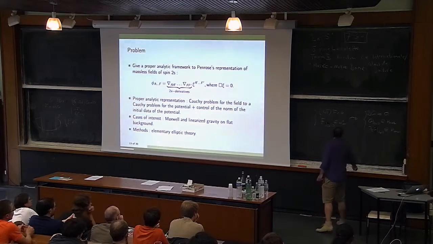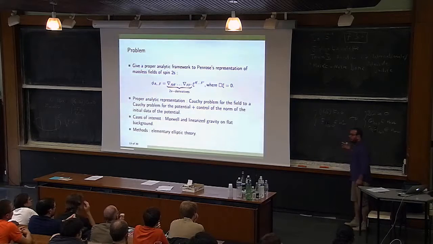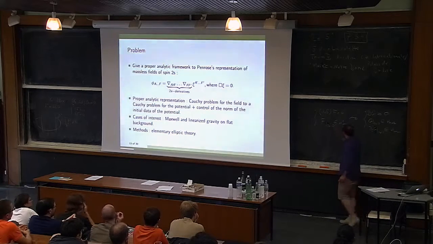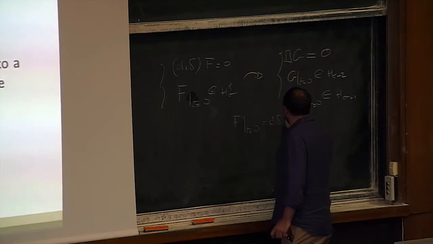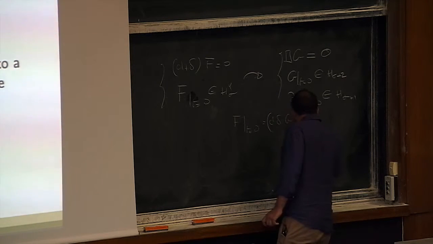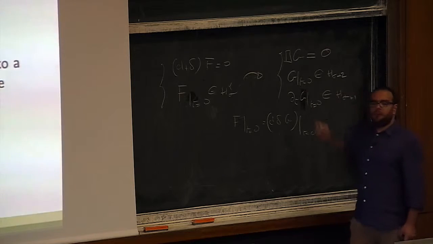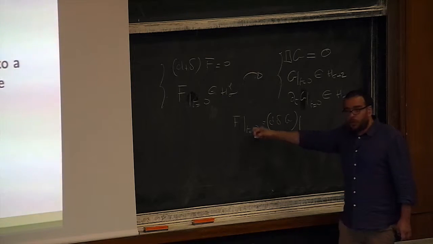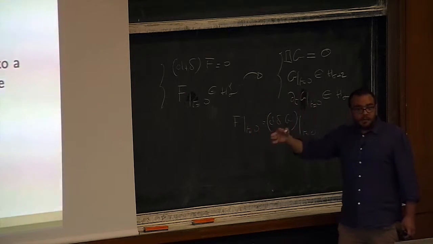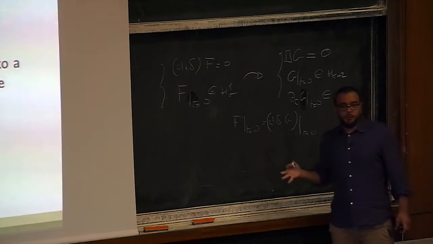And of course, at the end of the day, what is happening? If I'm constructing my initial data for my potential so that when I'm restricting the potential equation at t equals 0, this equation holds, by uniqueness, I know that I will have my representation. OK?